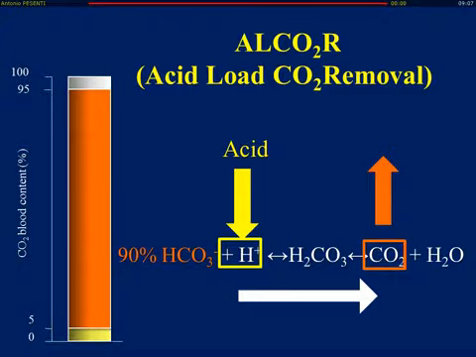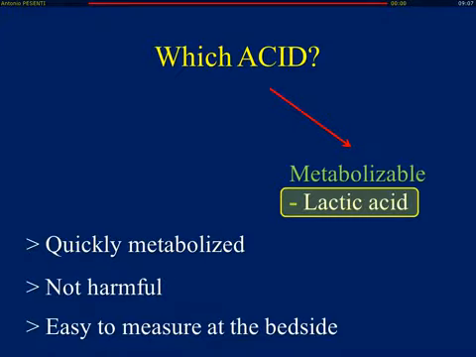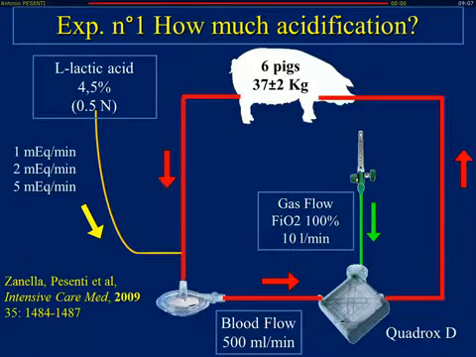And we have been studying ways to increase CO2 removal from blood, and we have been studying the effect of adding acid to the blood. We've been studying the effect of adding lactic acid to blood before the membrane lung.